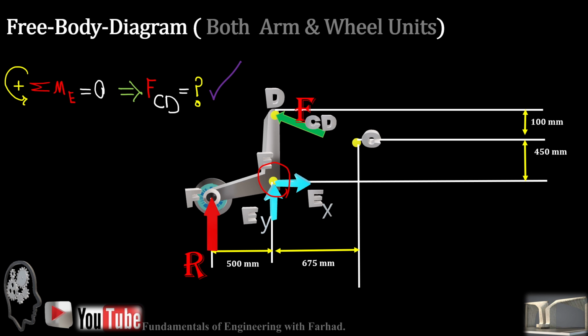Then we divide that force by the area of the rod to get the normal stress inside the steel rod CD, which we are looking for.